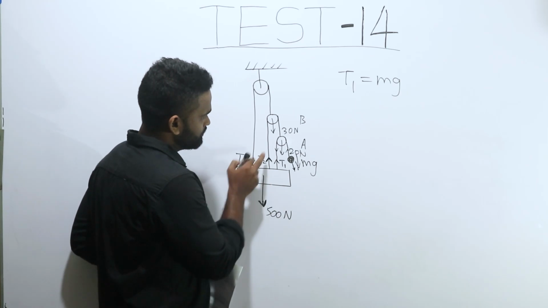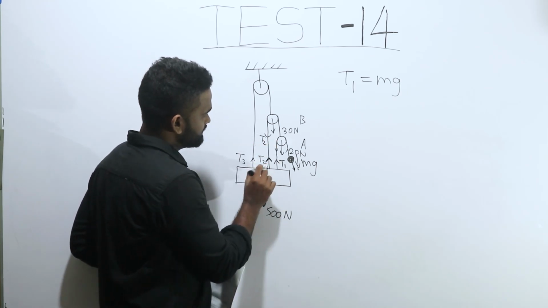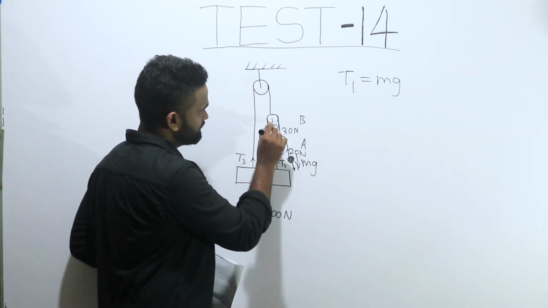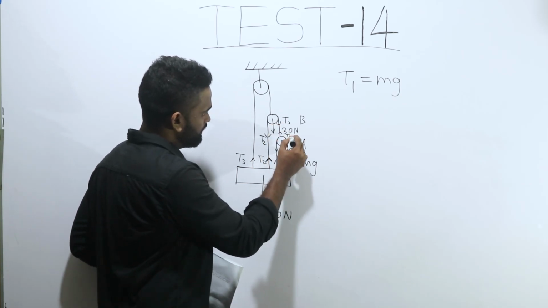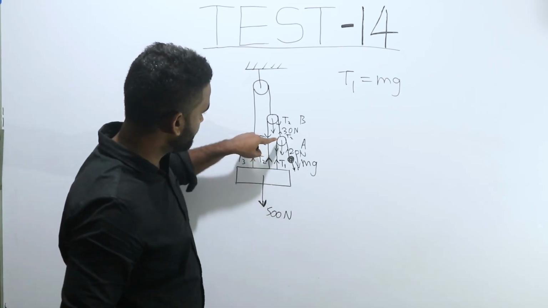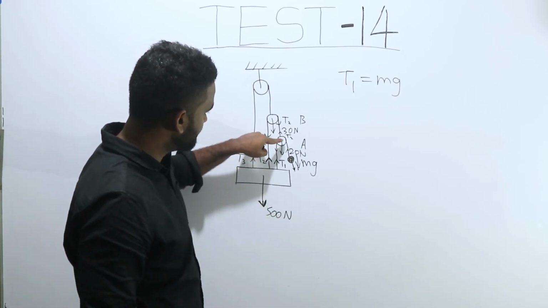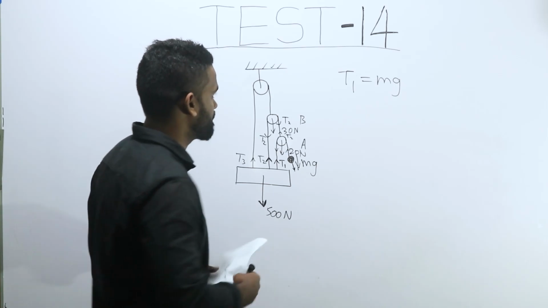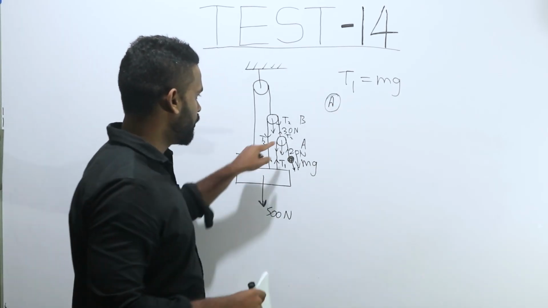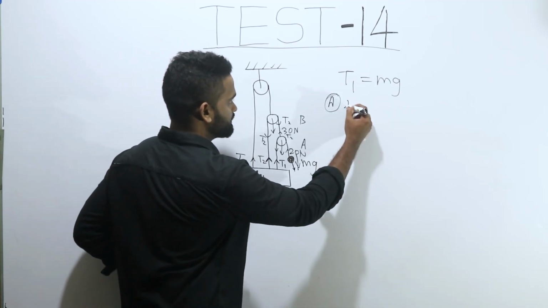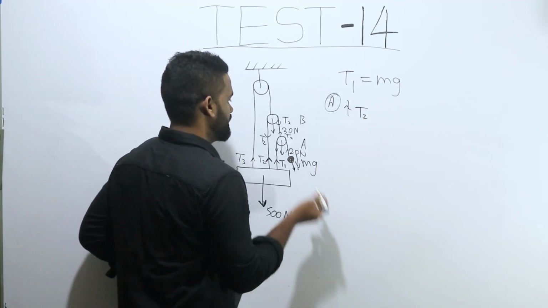So this is T2. Here T2, same string. That string should have T2 everywhere. Then think about equilibrium of A. On A, upwards there is T2.